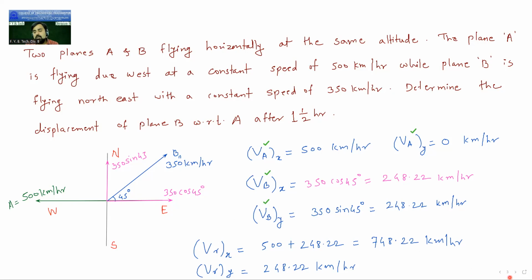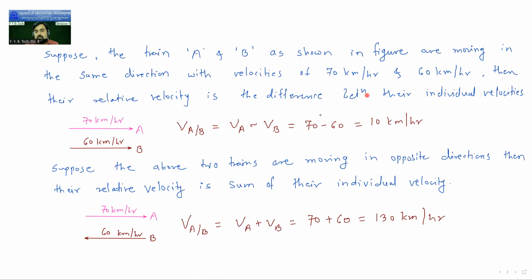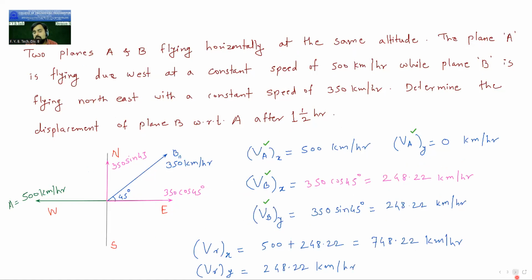The relative velocity is the sum of their individual velocities when they are moving in opposite directions. And in y direction, only one velocity is there, nothing else is there, so as it is, we have written that.